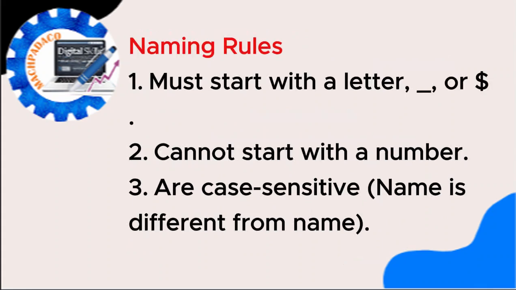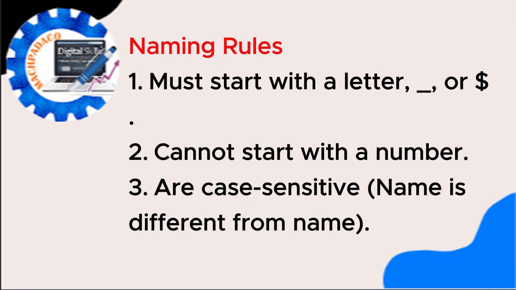Naming rules. One, it must start with a letter or a $ sign. Two, it cannot start with a number. Three, they are case sensitive. For instance, name with a capital letter is different from name with a small letter.